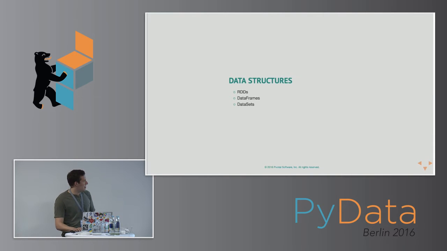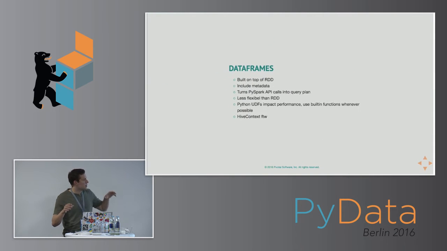Next up are data frames. Data frames are built on top of RDDs. They are essentially a collection of rows with some schema information, and these are mostly kept in the JVM. And once you perform PySpark API operations on them, all those operations get compiled to native Java bytecode, which is a huge performance boost.